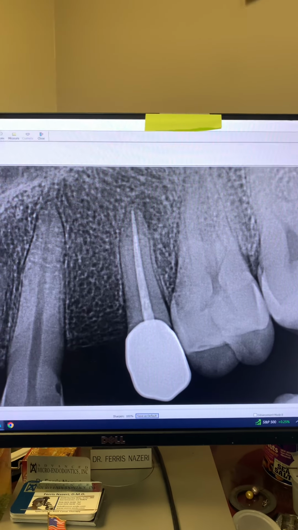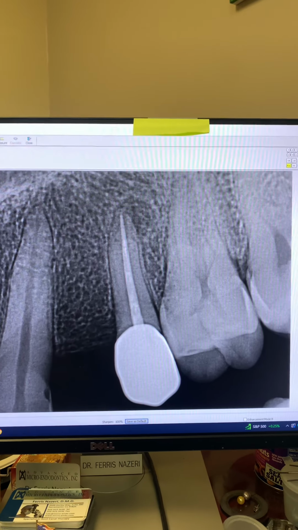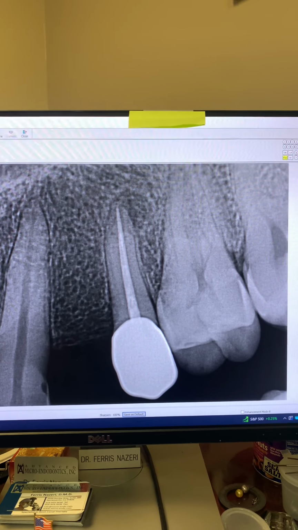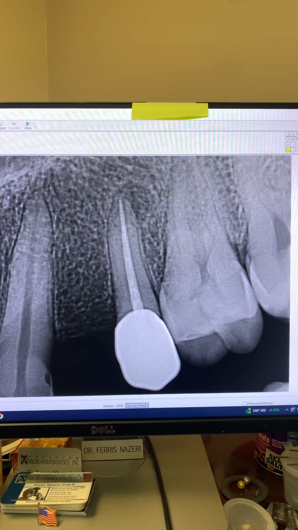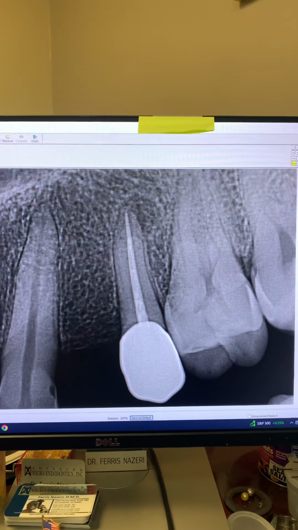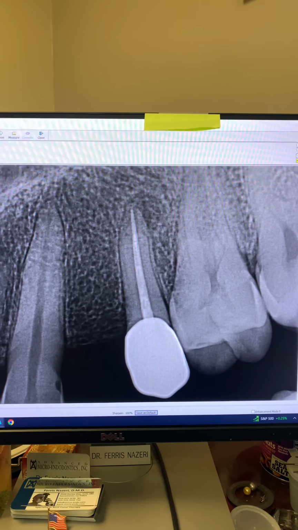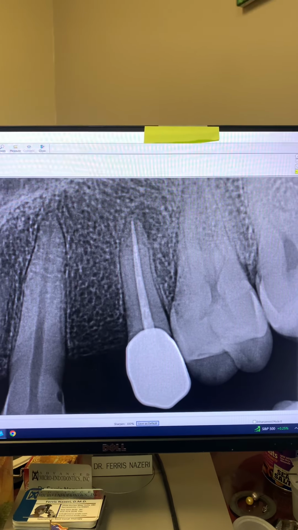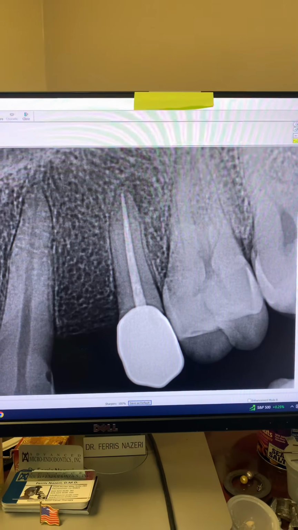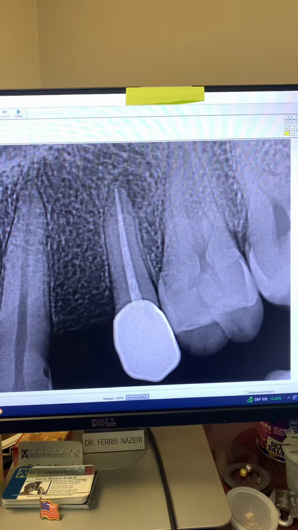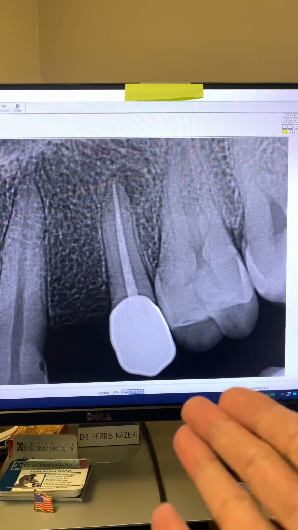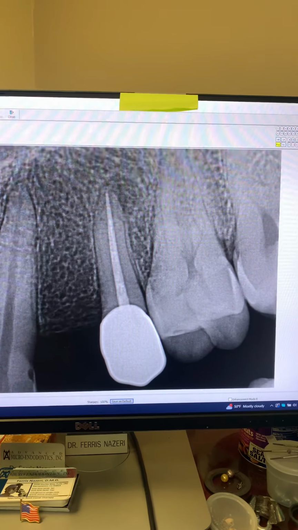The entire distal margin was placed on gutta percha. Okay. So, he's going to need a new crown, unfortunately. And on top of that, of course, we're redoing the root canal. I don't do crowns, so that would be his general dentist.